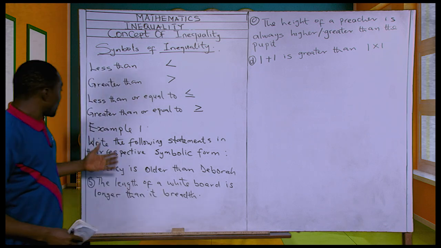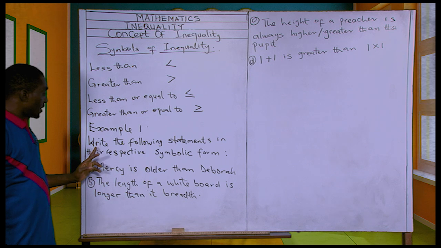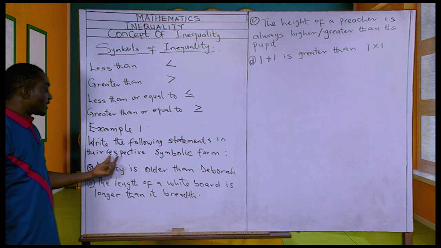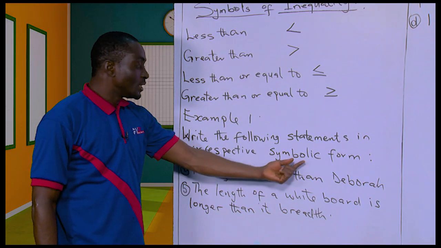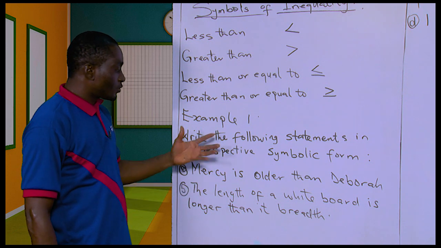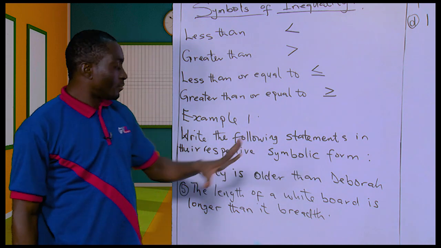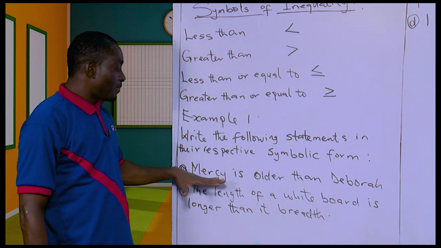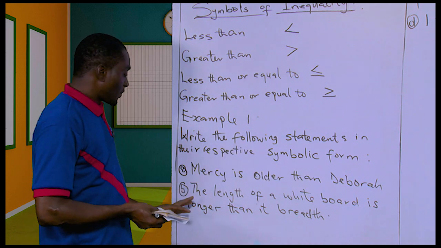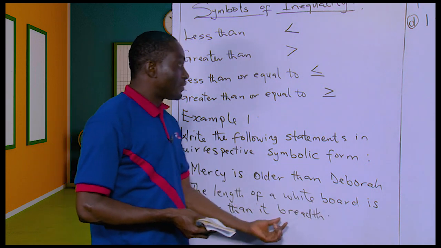So, let's read out the question under example 1. It says, write the following statements in their respective symbolic form. We are asked to write all these in symbolic form. A. Mercy is older than Deborah. B. The length of a whiteboard is longer than its breadth.